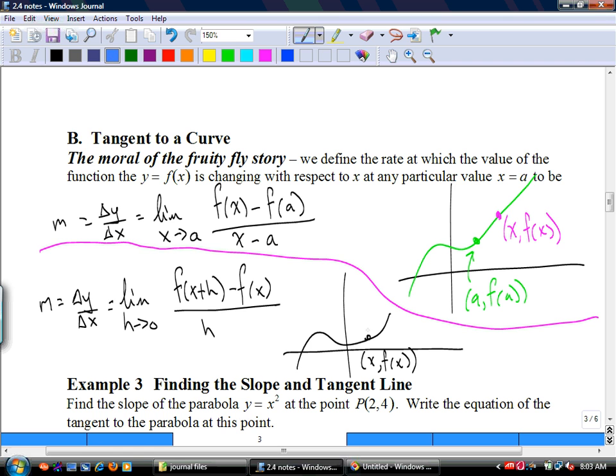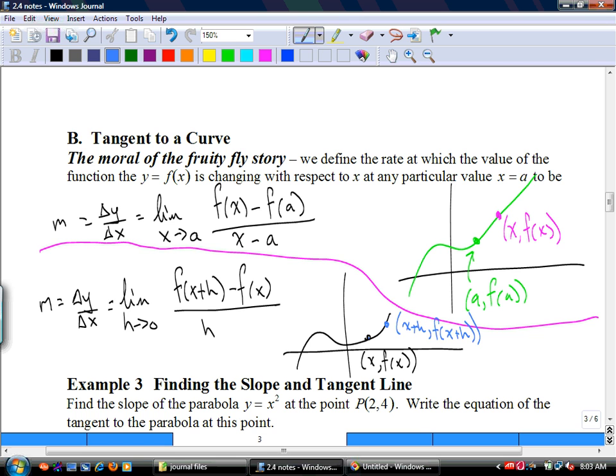We go h units to the right. It has the coordinates x plus h, f of x plus h. And all we do is change h from 6 to 5 to 4 to 3 to 2 to 1 to 0. And what happens? We change from secant lines into tangent lines.